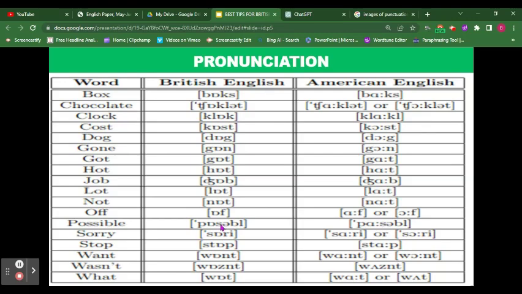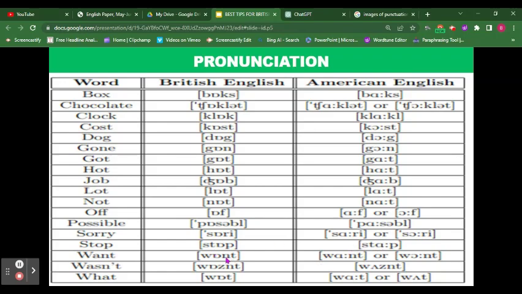Possible, British. Possible, American. Sorry, British. Sorry, American. Stop, British. Stop, American.